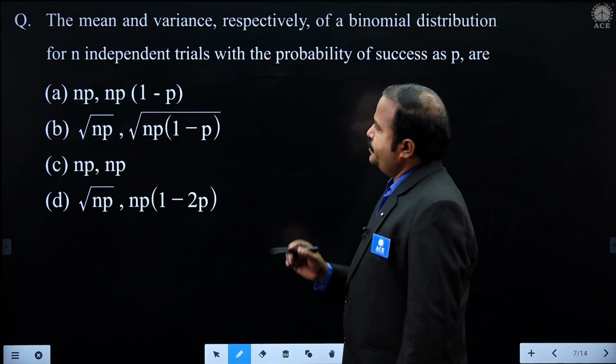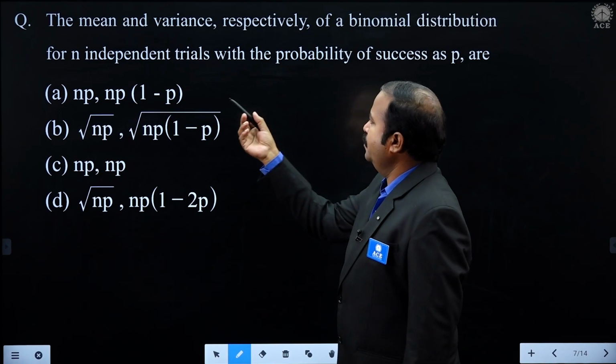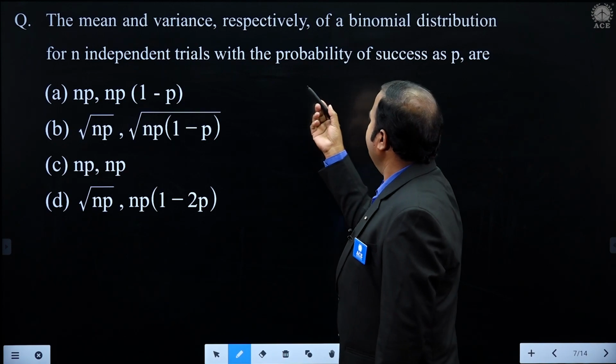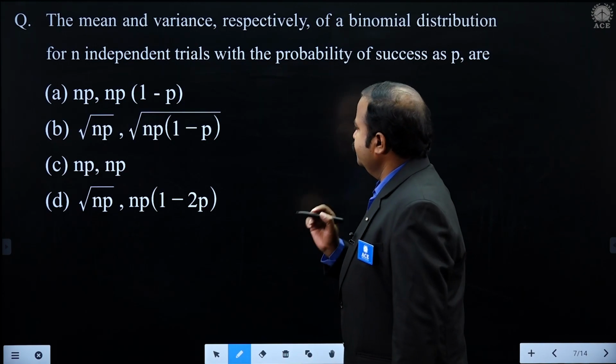The given question is: the mean and variance respectively of a binomial distribution for n independent trials with probability of success p are. Right.